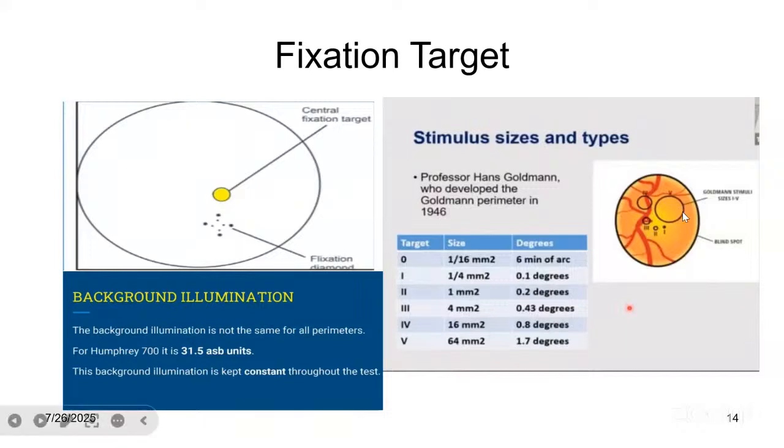You can see the various sizes of the stimuli in relation to the optic nerve head disc, where we see the 5 being the largest, followed by the 4, and then the 3, which is mostly used in testing for visual field.